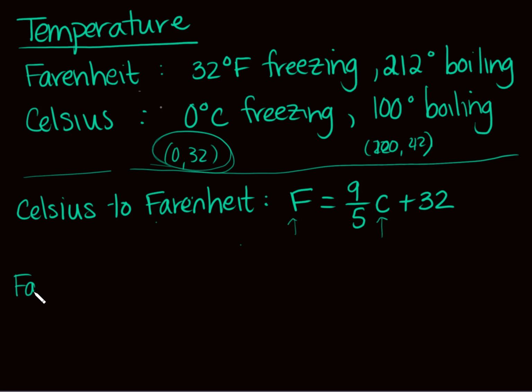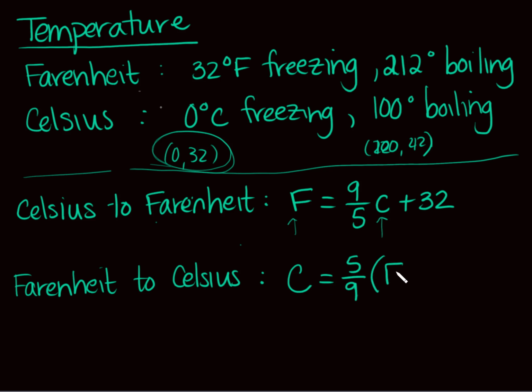If you're going from Fahrenheit to Celsius, you will use this equation. Okay, if I just solve this equation for C, you're going to get 5/9 of F minus 32. Please use those parentheses, especially when you put it into your calculator.